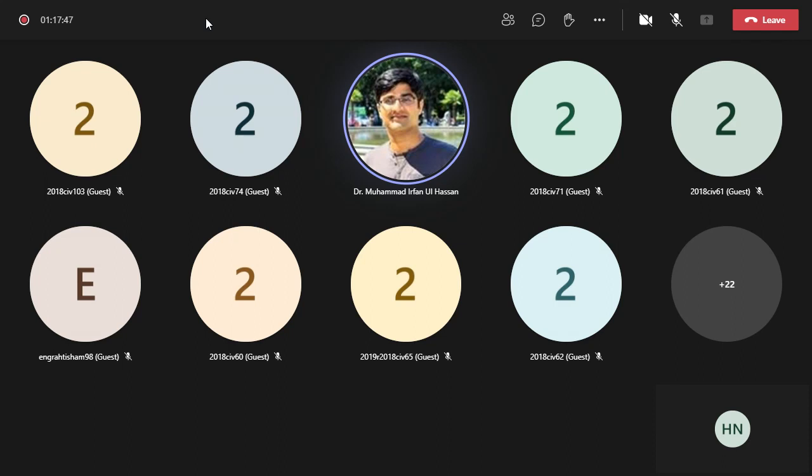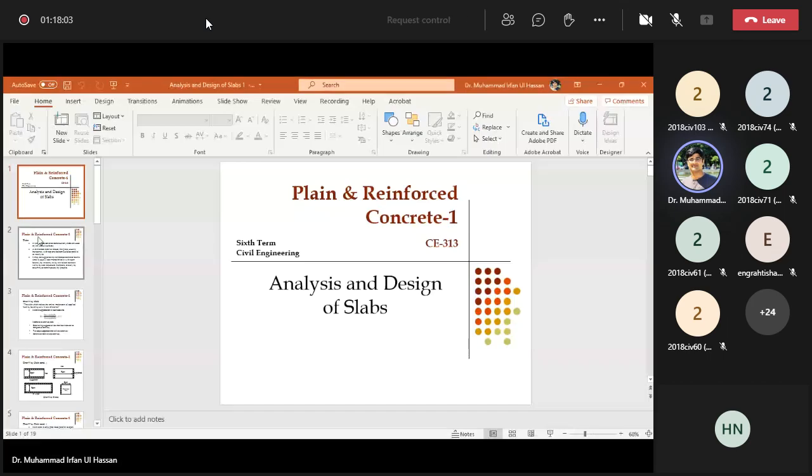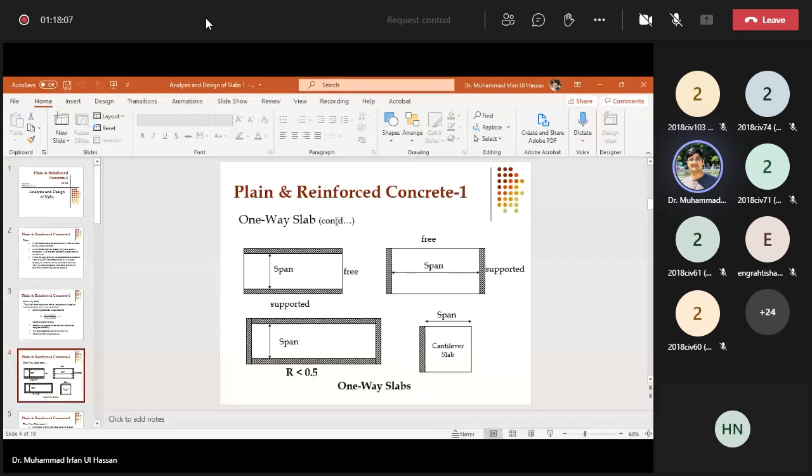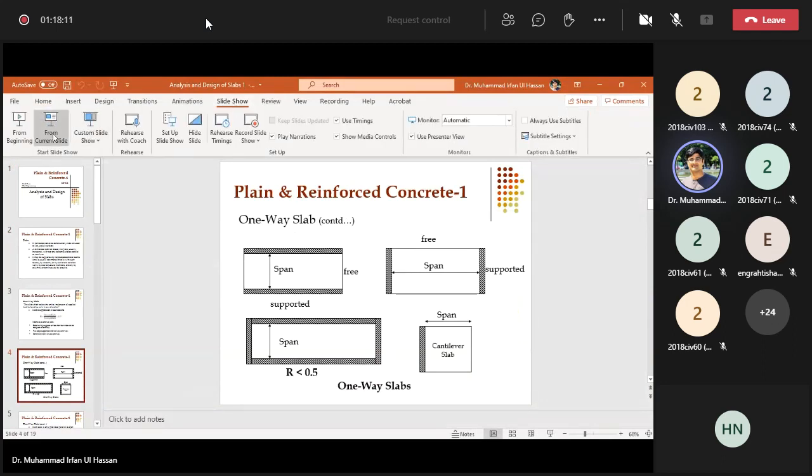So the next topic that you studied was the slab system, where the one-way slab and the two-way slab were covered. In the slab system, first you see the bending action while deciding whether it is a one-way or two-way slab.